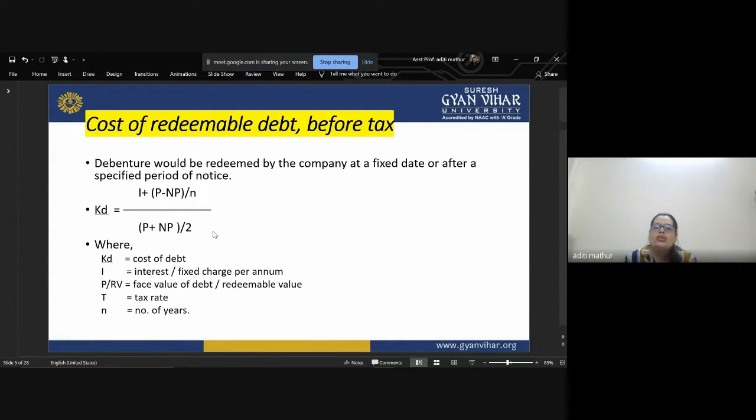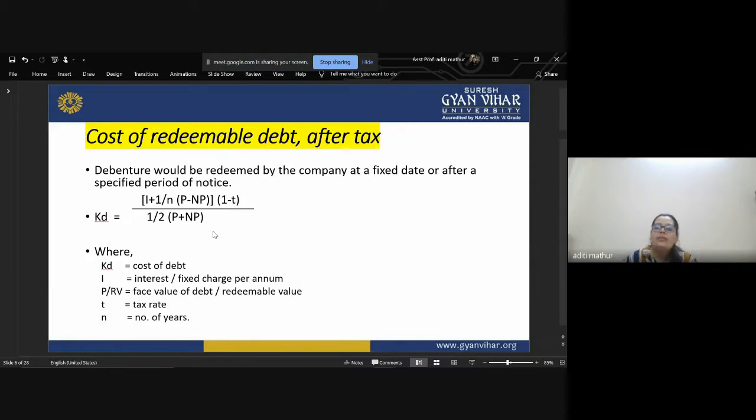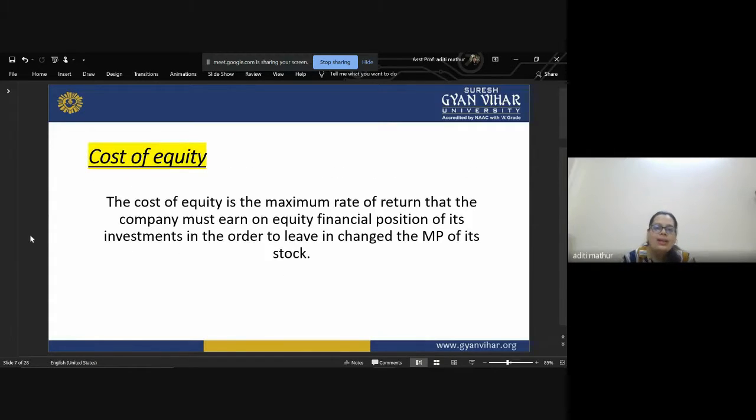To calculate cost of redeemable debentures before tax, KD is equal to interest plus face value or the redeemable value minus net proceeds divided by n, the number of years, whole divided by redeemable value plus net proceeds divided by 2. When we have to calculate it after tax, we simply multiply the before tax cost by 1 minus t. Now let us start with today's topic, that is cost of equity.